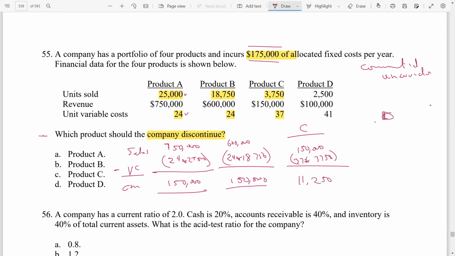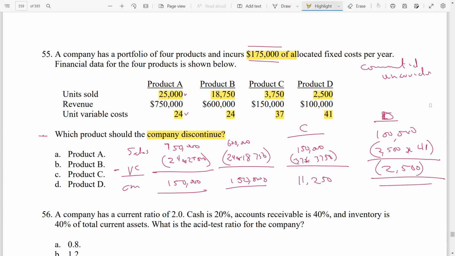Company D has 100,000 in total sales, and we are going to have 41 multiplied by 2,500. That will give us negative 2,500. So according to the information we have here, we should eliminate product D because it gives us an incremental loss.